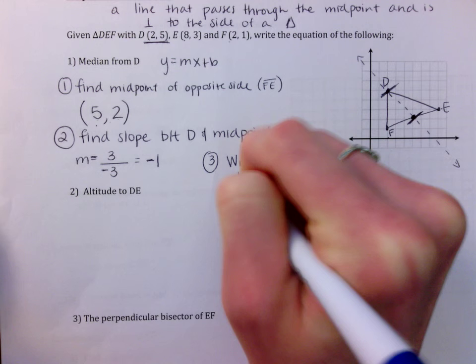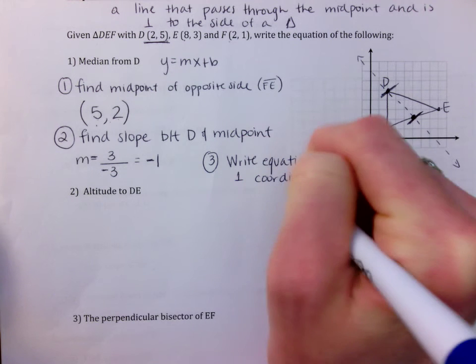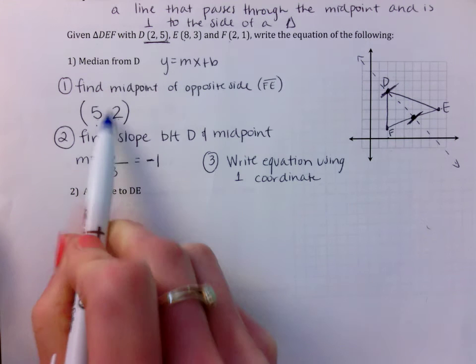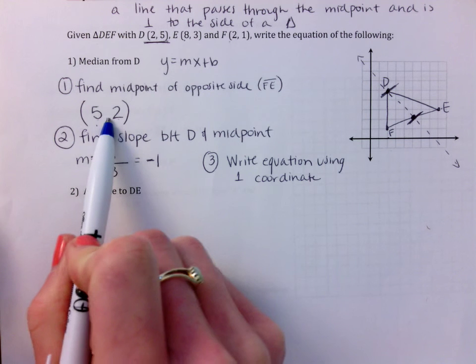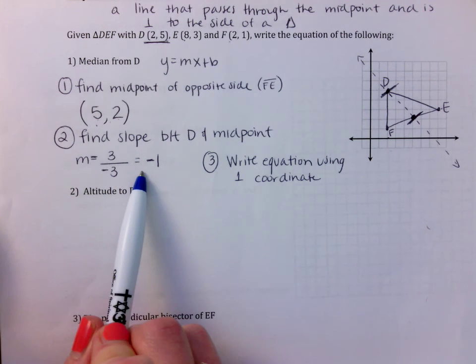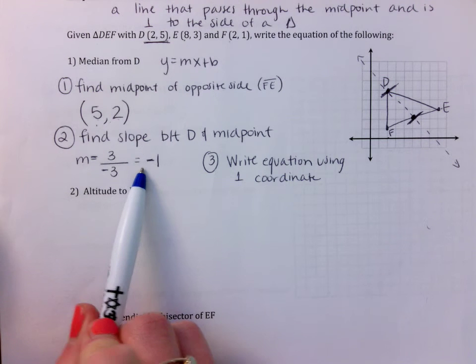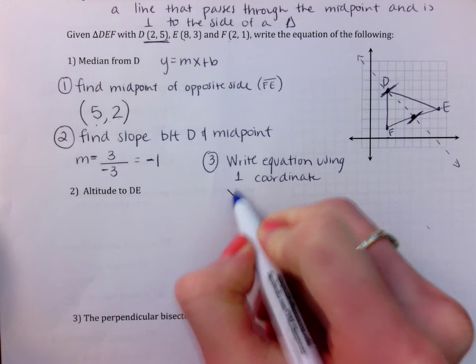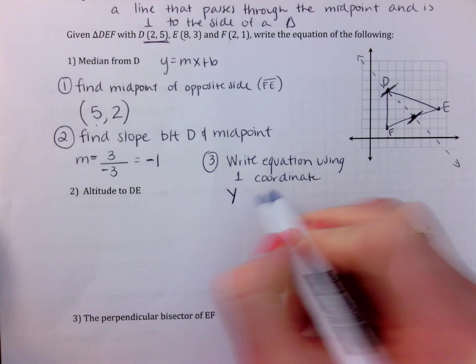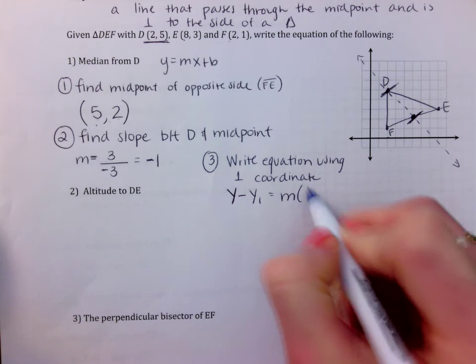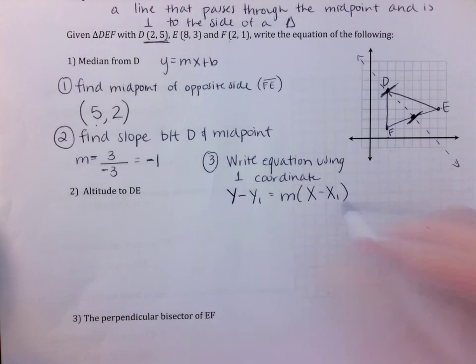Okay, so now we have slope, and then we would just write the equation using one coordinate. I'm just going to go ahead and use D since it's up here and written for me, but you absolutely could use this one, it doesn't matter. And if we have slope and a point, we're going to start with point slope form, which I'll help you recall. It was just in the notes the other day, y minus y1 equals m times x minus x1.